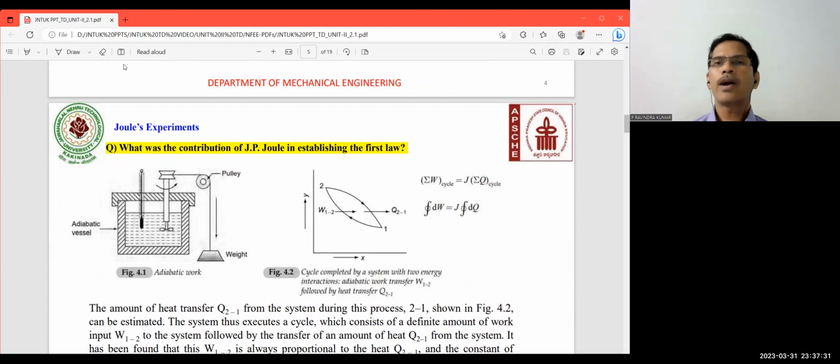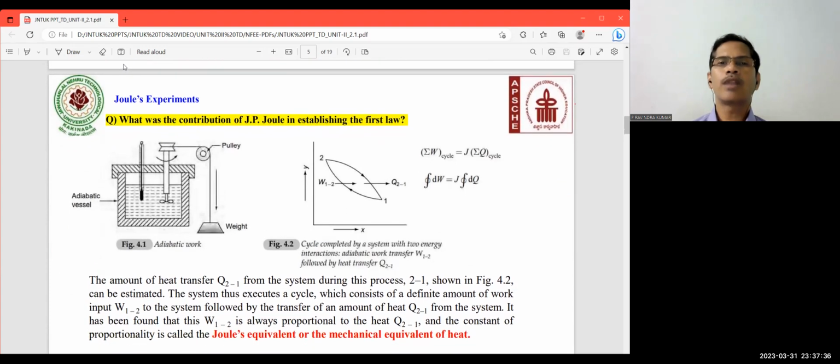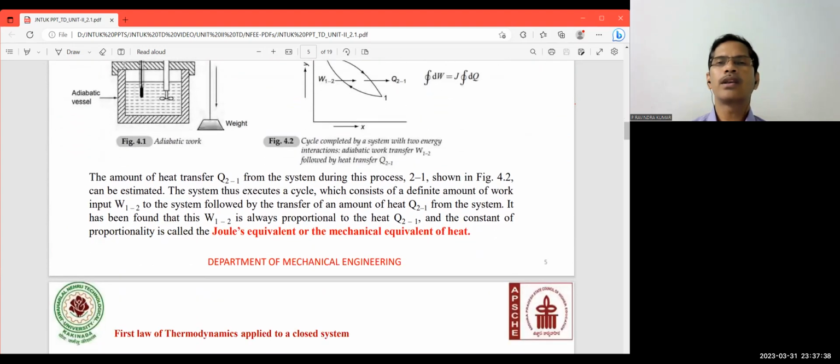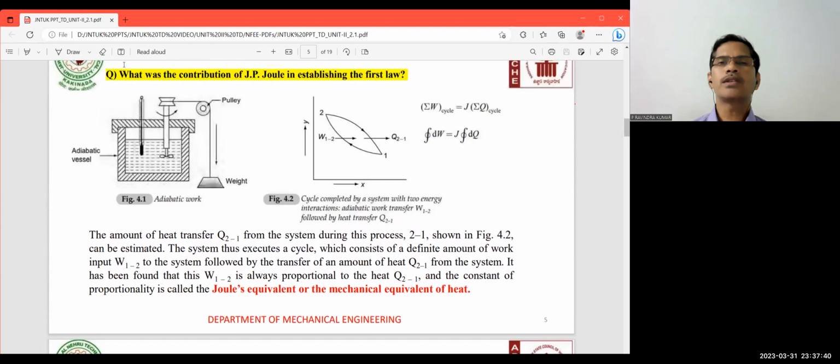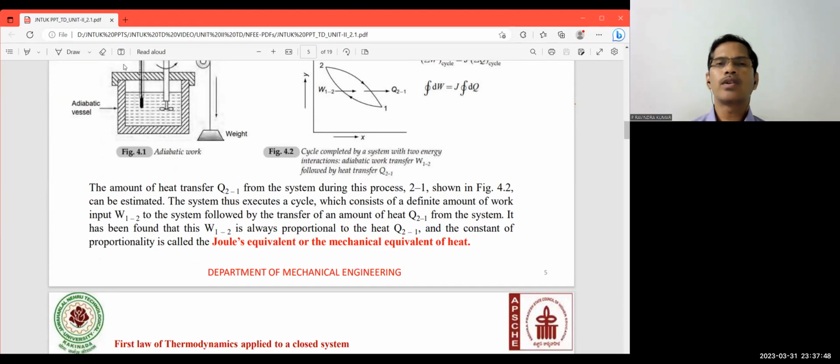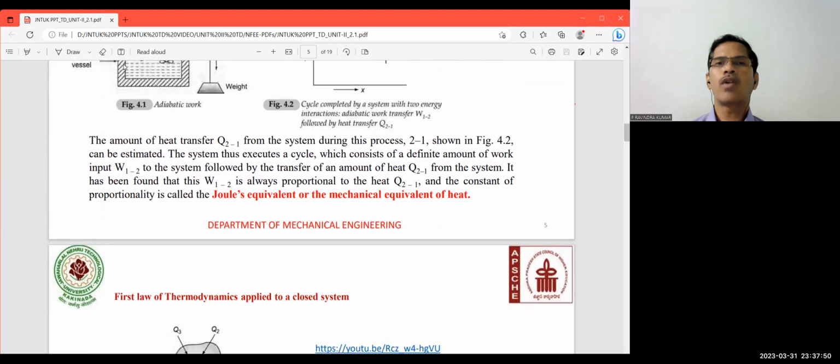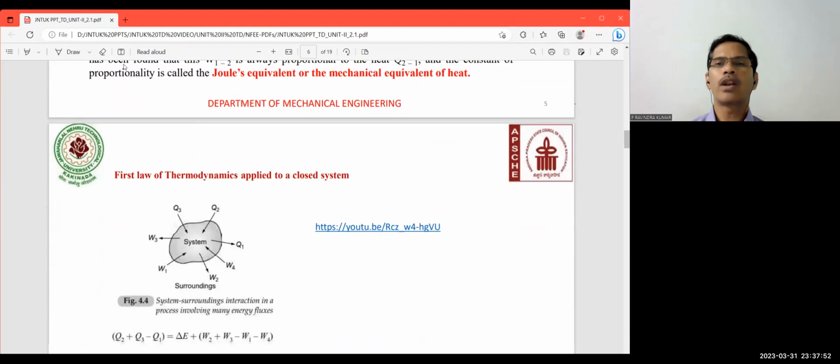This shows how work can be converted to heat. Once the work is converted to heat and the heat is converted to work, a cycle is established. This law you can call Joule's equivalent or the mechanical equivalent of heat.